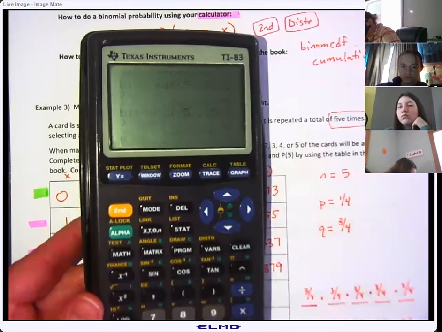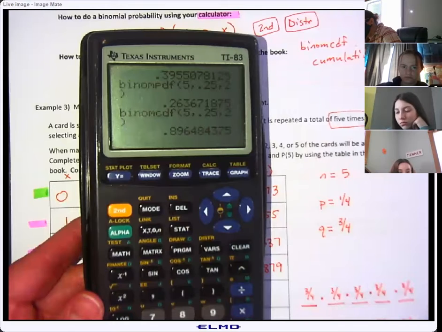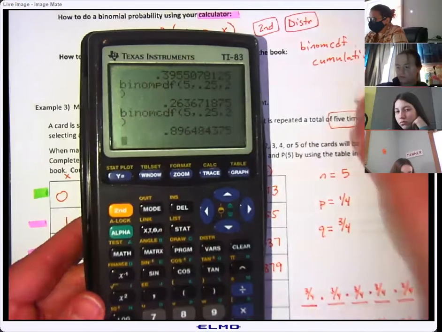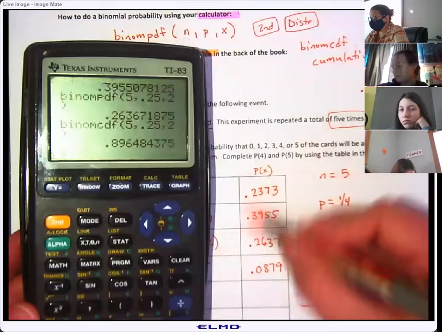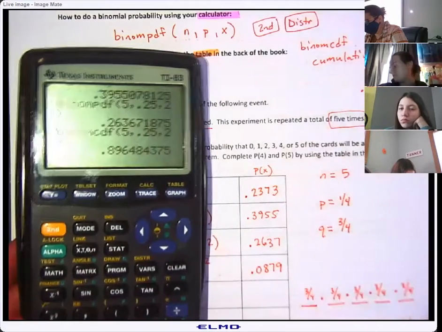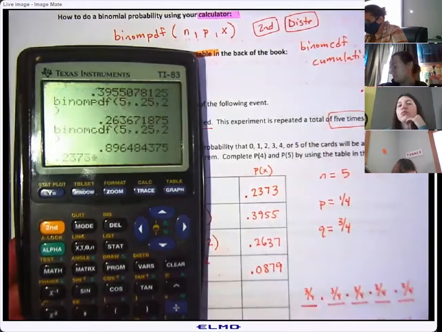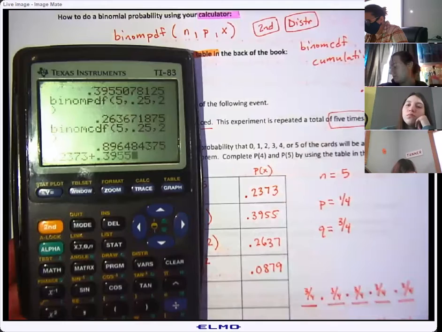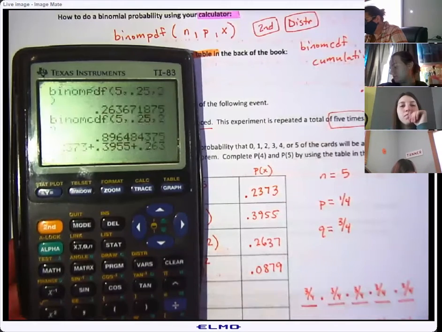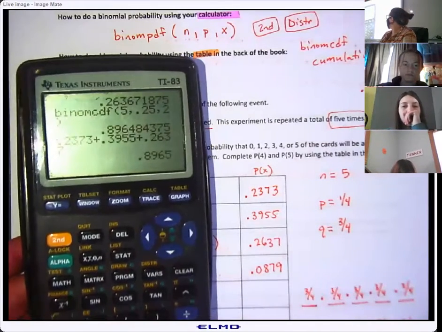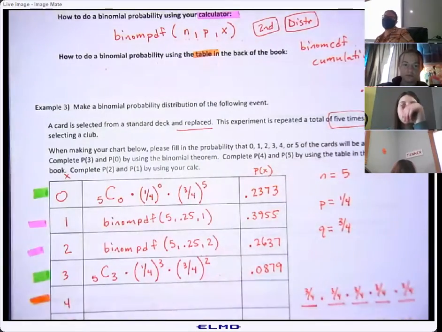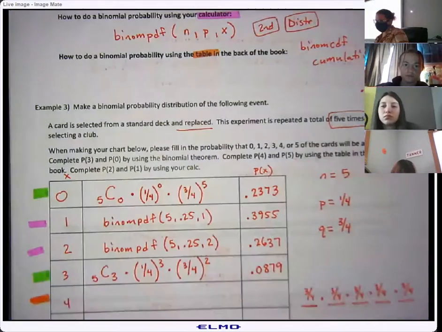And then if I hit enter, I get 0.8965. And then if I went down here and I added up these first 3 things, 0.2373 plus 0.3955 plus 0.2637, you see, that would be the same thing. So the idea is essentially that it'll sum it up for you if you want it to.